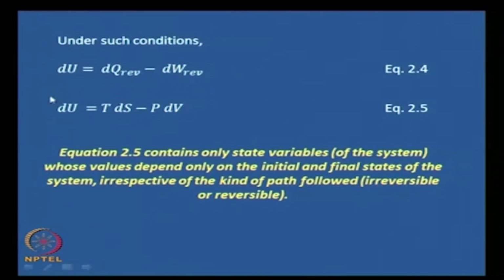Therefore whether it was a reversible process or not does not matter as far as the applicability of equation 2.5 goes. Irrespective of the kind of path that is followed, whether it is an irreversible path or a reversible path, equation 2.5 is valid.